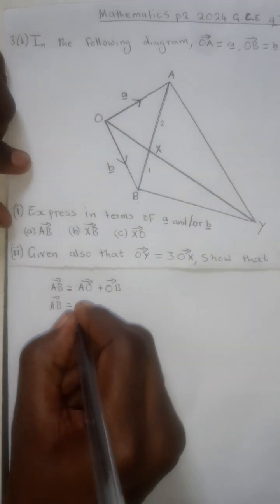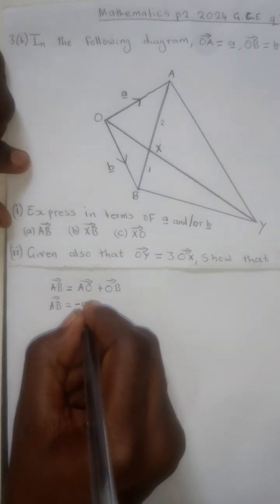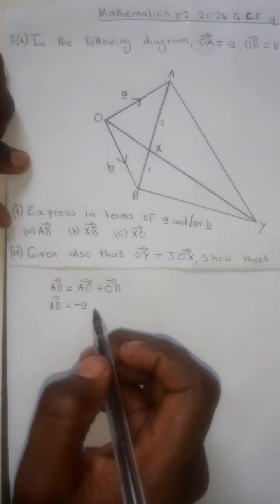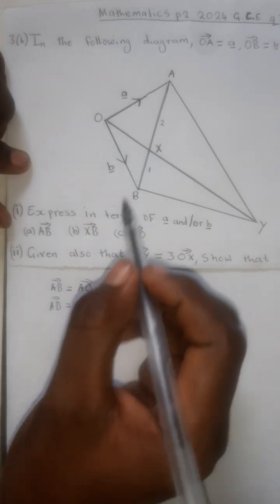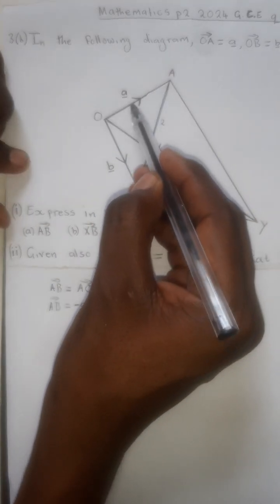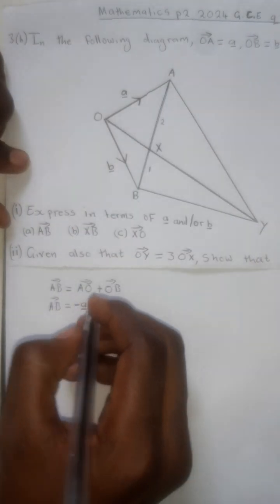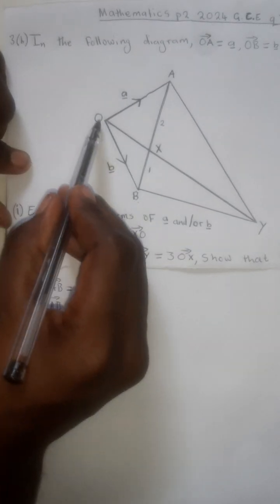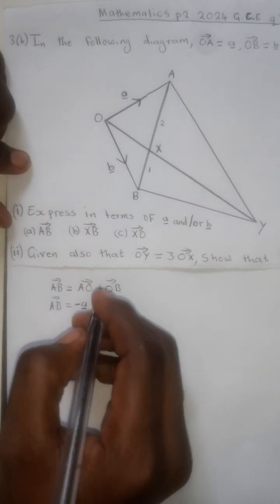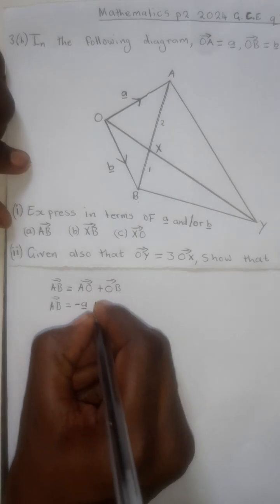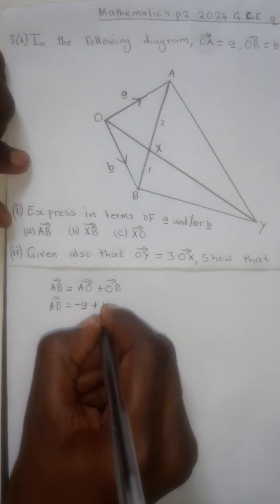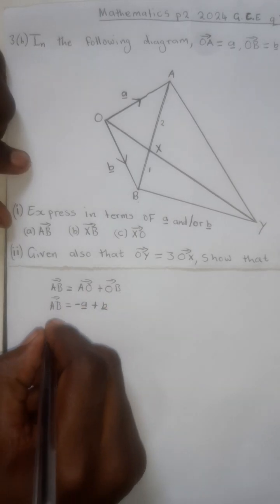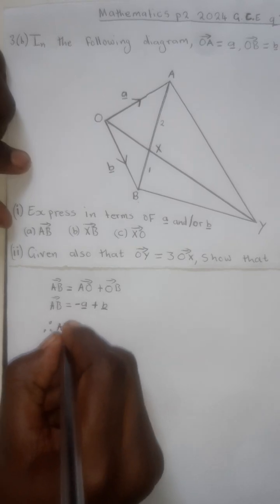So we say that to be negative vector A. Why I'm putting a negative is because I'm opposing this direction. Okay, then OB, what is OB? OB, we are not opposing this direction, so it still becomes a positive. So positive vector B.